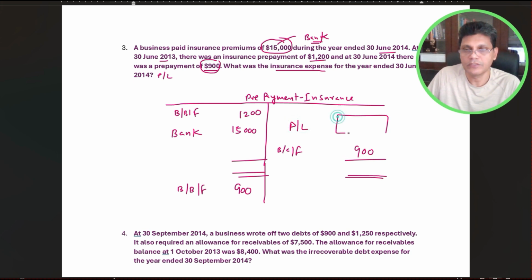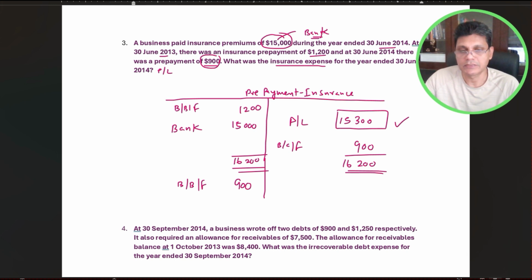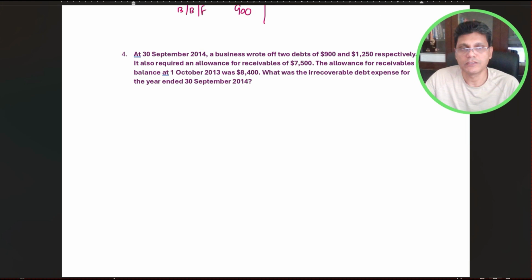What is the amount to be charged to the P&L account? So if you take the total, 16,200, here the balance will be 15,300. Okay, so this is the amount to be charged to the profit and loss account as insurance expenses. Okay, the fourth question.